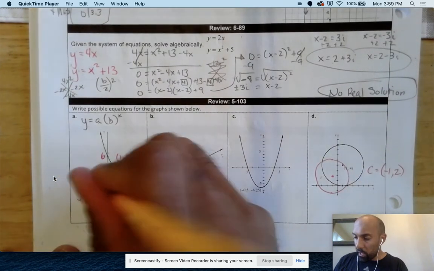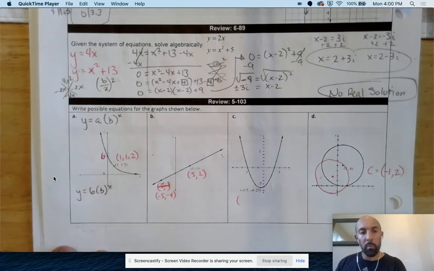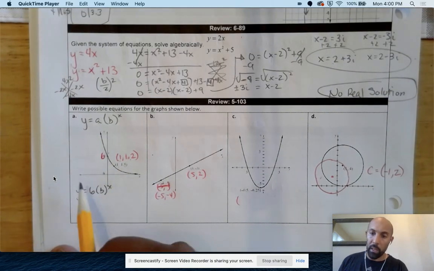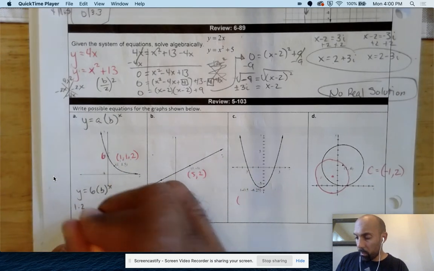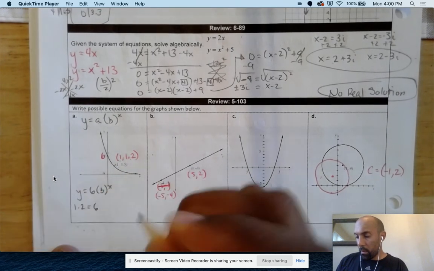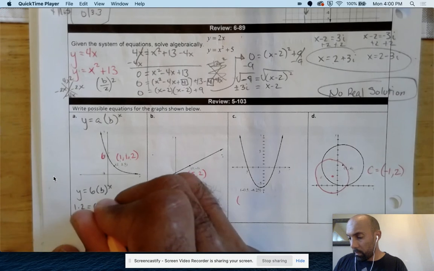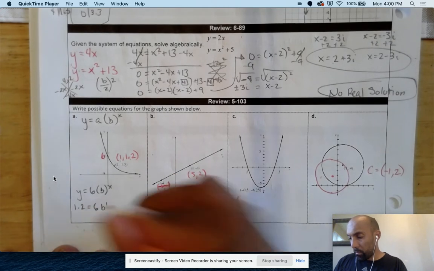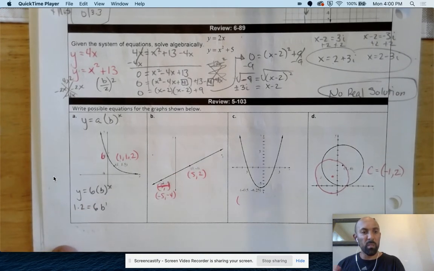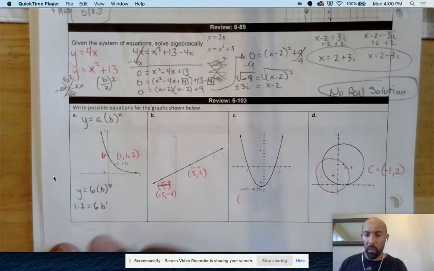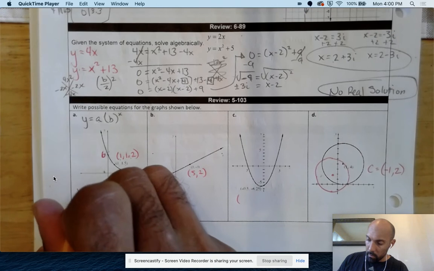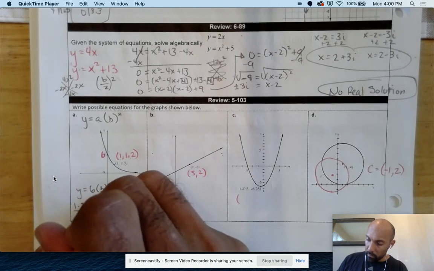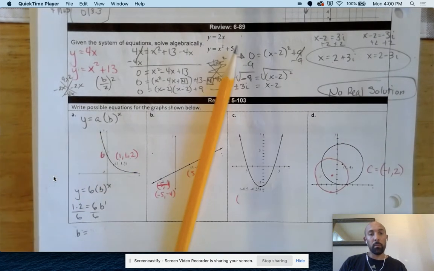Okay, so what I'm going to do here is take that 1 and 1.2, and I'm just going to plug it right into the function. So I'm going to plug in 1.2 for y, and then plug in the 1 for x. So this ends up being b to the 1, which really is the same thing as just b. Okay, so now to solve for b, I'm going to divide by 6 on both sides. And that should give me my b value.